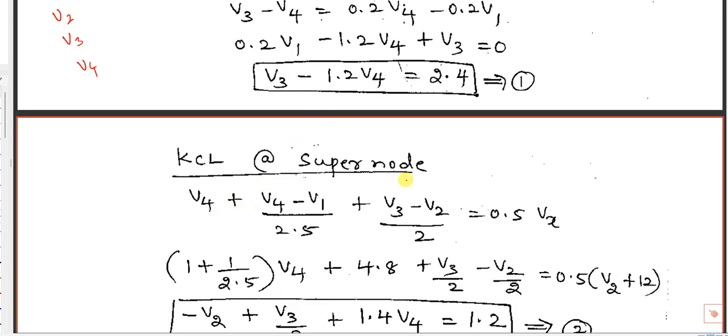Actually, this 0.5 Vx is also written with a minus, because it is opposite to the leaving current. If you bring it to the right side, it becomes 0.5 Vx. Again, in this equation there should not be any Vx or Vy. All should be in terms of nodal voltages V1, V2, V3, or V4.